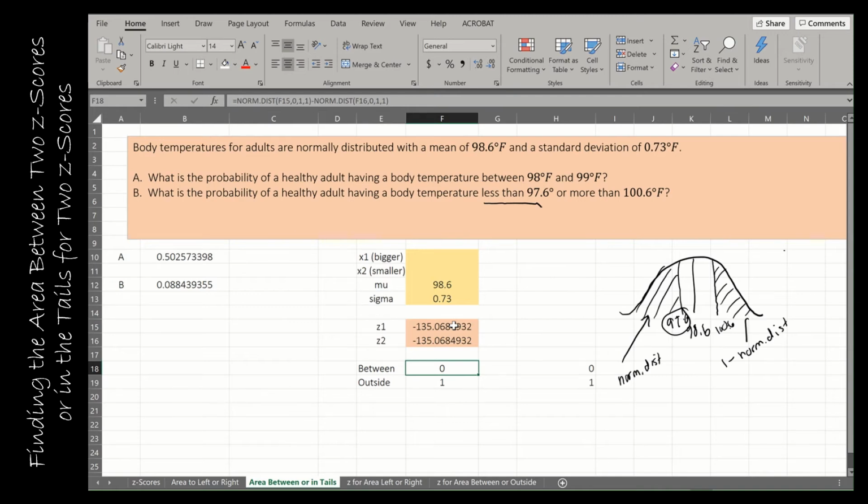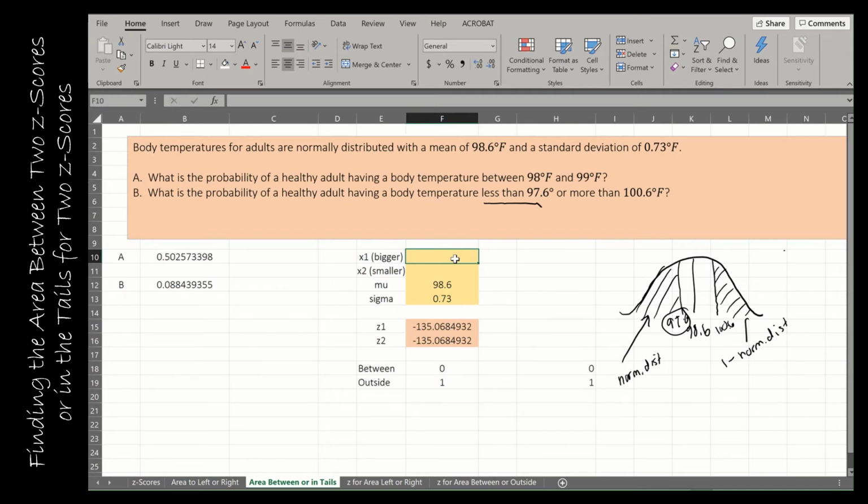For between, I'm just subtracting the bigger minus the smaller, and this one's using the z-scores, or bigger minus smaller, not using the z-scores. And then for outside, again, it's 1 minus for the bigger, and then just regular for the smaller, using z-scores or without z-scores. So if you take the time to set up everything, it makes these really easy.